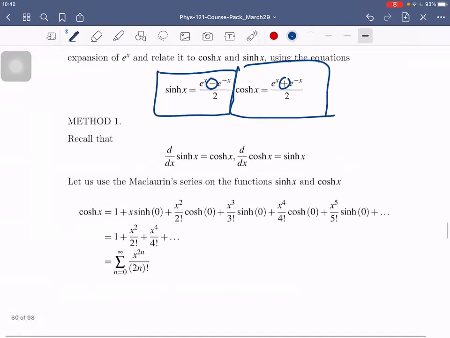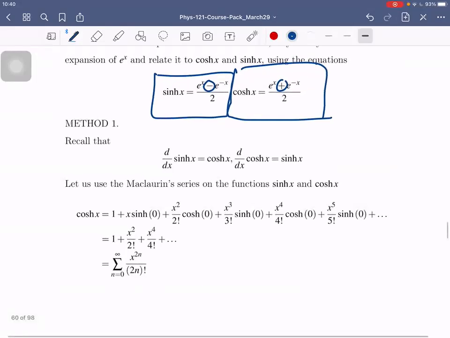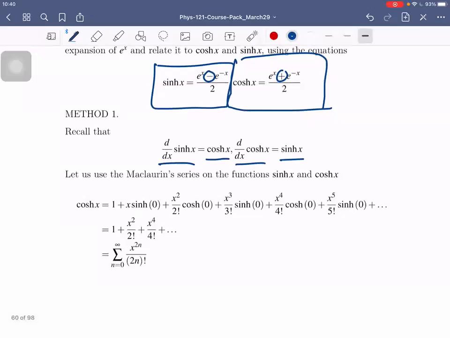Una ito. So method 1, recall that the derivative ng sinh of x is cosh x. And then the derivative ng cosh x with respect to x is sinh x. So, yun lang yan. Of course, siguro alam nyo na to dahil sa 50 series. Kung hindi, tandaan nyo na lang dito. Okay? So, let's use the Maclaurin series expansion for these two functions.